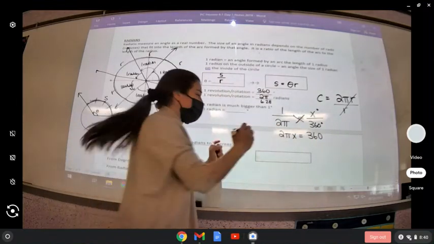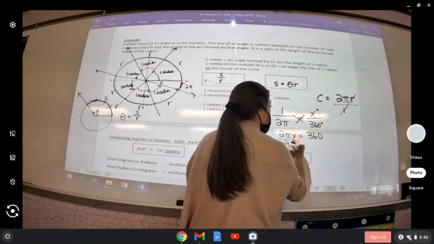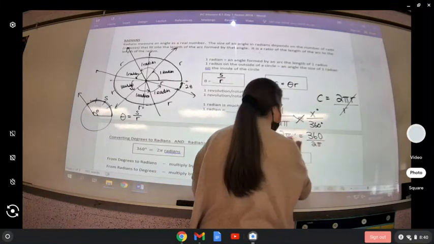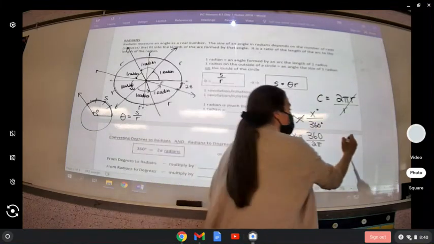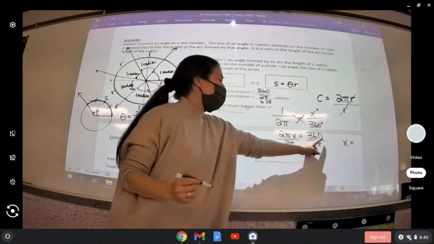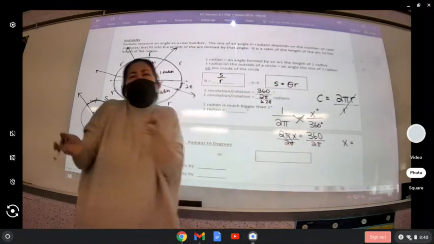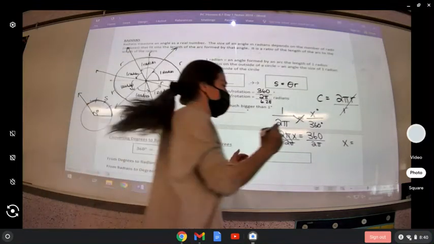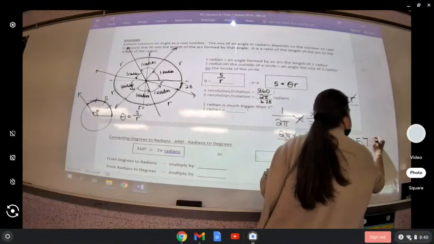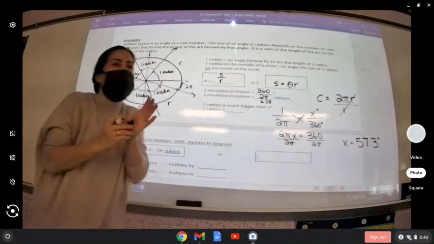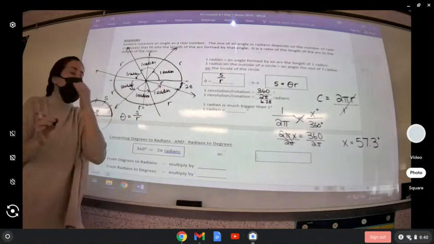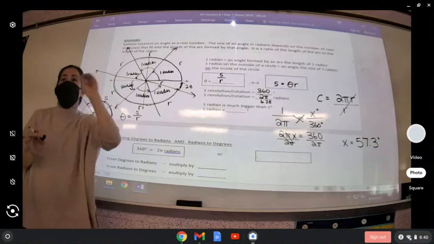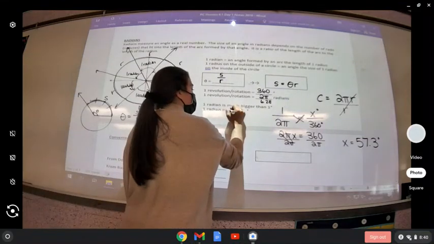To solve for x, divide both sides by 2 pi, and x will equal 360 divided by 2 times pi, which again is roughly 6.28. It's 57.3 degrees. So 1 radian takes up roughly, it's an estimate, roughly 57.3 degrees.